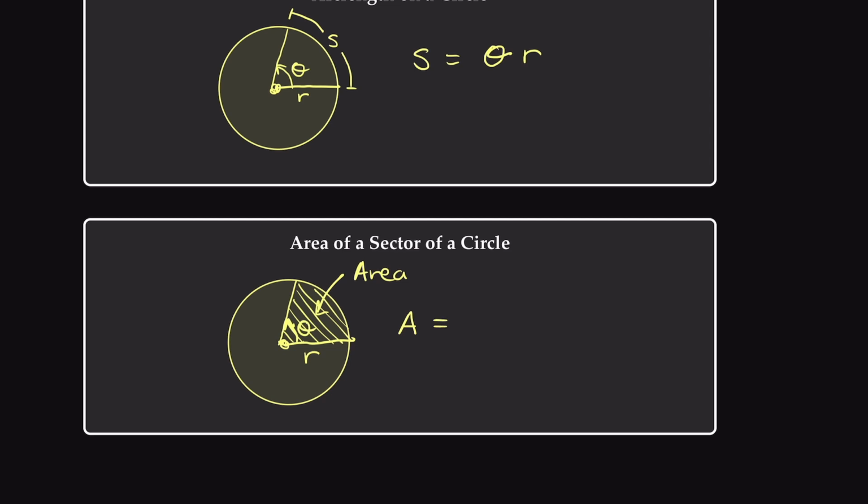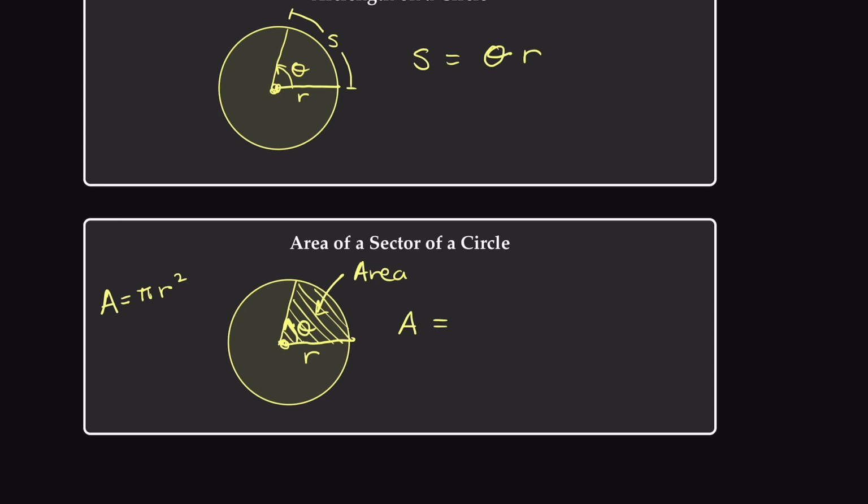Well, before we do, let's think about if our angle theta happens to be all the way around the circle, 360 degrees or 2 pi, then we know that the area of a circle is what? It's pi r squared, right? Just pi r squared.